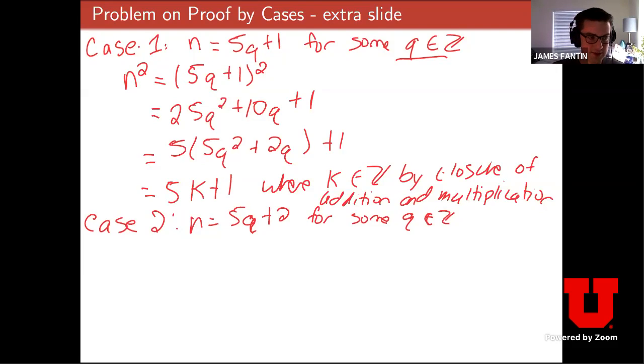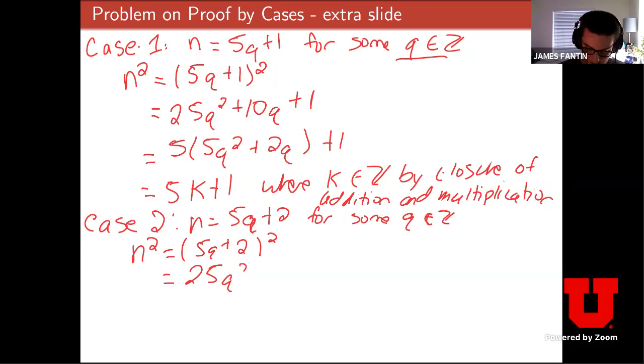So hopefully you've had some time to think about that one, and we can go ahead and walk through it. For here, if we have n squared, then we've got 5q plus 2 squared. And then squaring this is 25q squared plus 20q plus 4.